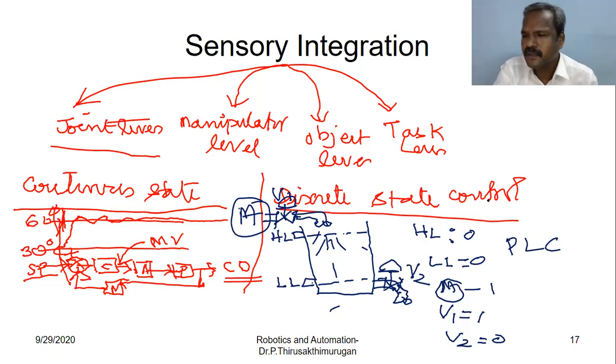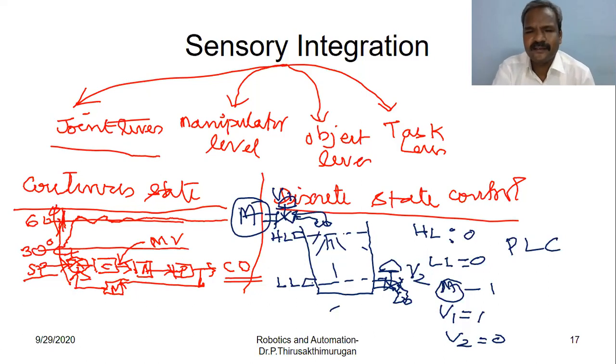In joint level sensory integration, the output is binary, either zero or one. This type of programming is called joint level.